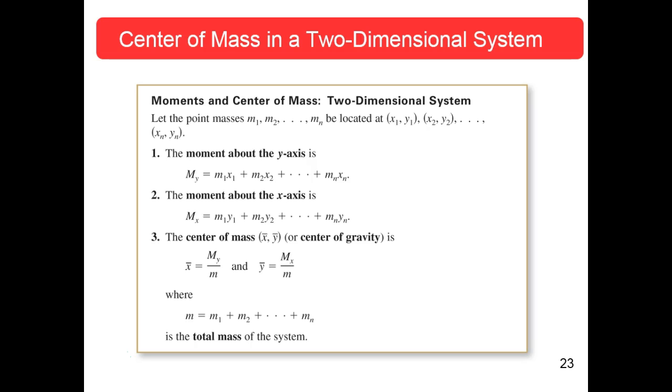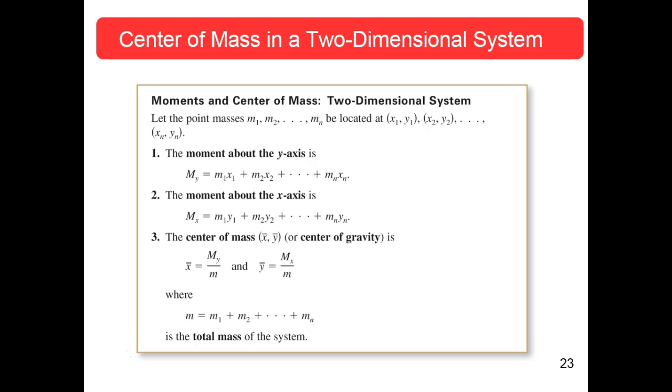Okay? So here are your definitions. In a two-dimensional system, if you have n masses at all these different locations, the moment about the y-axis, m sub y, is m1 x1 plus m2 x2 and so on, because x is how far you are from the y-axis.